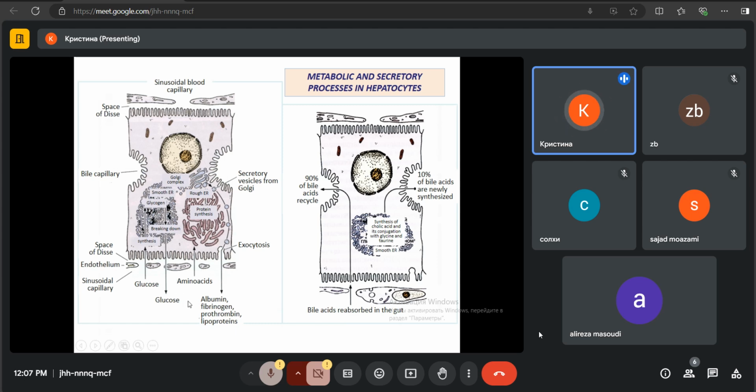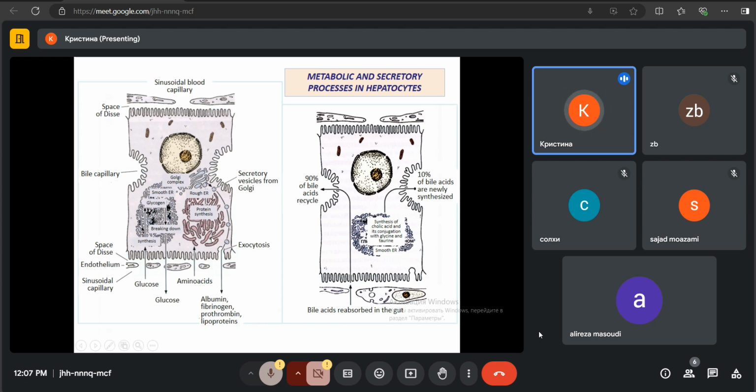What about the proteins? The proteins come into the hepatocyte in the form of amino acids, because amino acids come with blood from intestines, and amino acids come into rough endoplasmic reticulum where the proteins are synthesized. The liver synthesizes a lot of proteins.